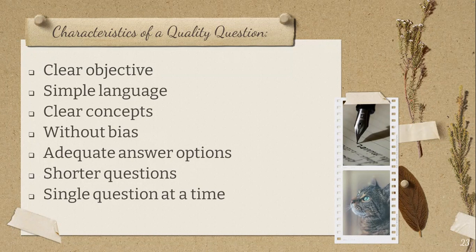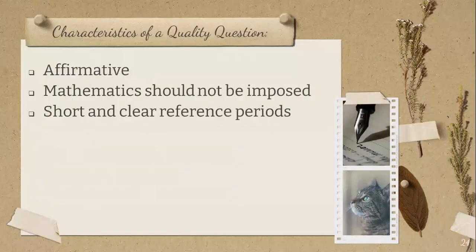Next, we have shorter questions. Questions must be as short and simple as possible. Next, single questions at a time. Question addresses only one issue or concept. The next one, we have affirmative sentences. Question is not negatively framed. Next, mathematics should not be imposed.